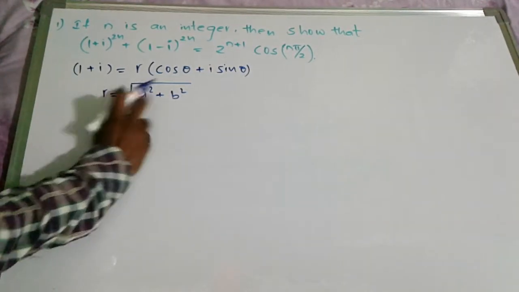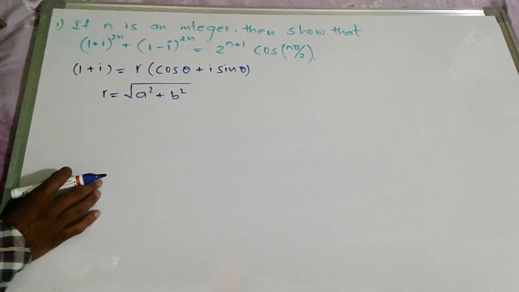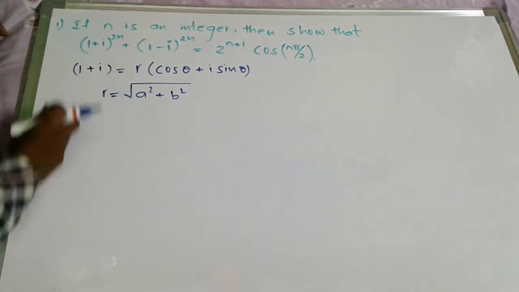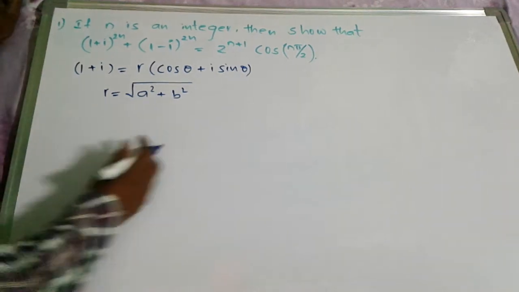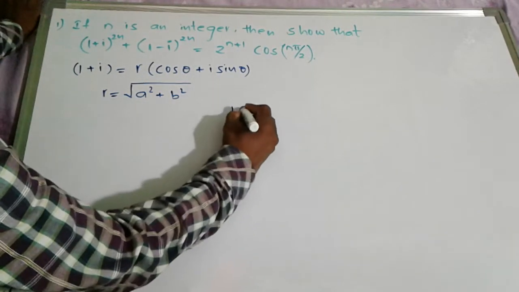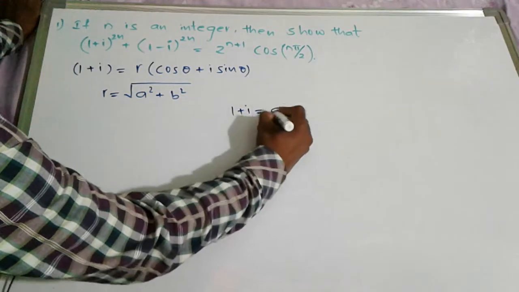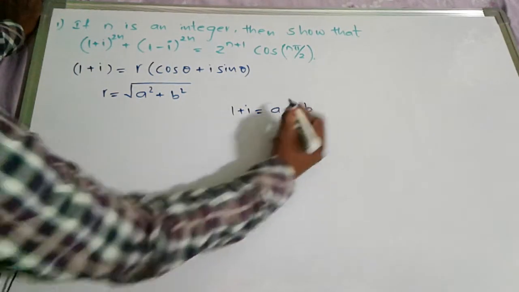To know these a and b values we have to compare this 1 plus i with the general form of a complex number, and let's do this quickly. 1 plus i is equal to a plus ib.